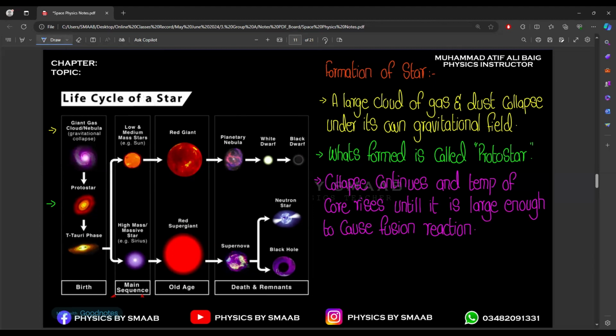And what happens in the fusion reaction, we already discussed: hydrogen turns into helium.